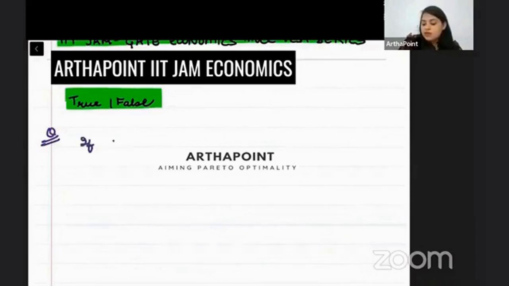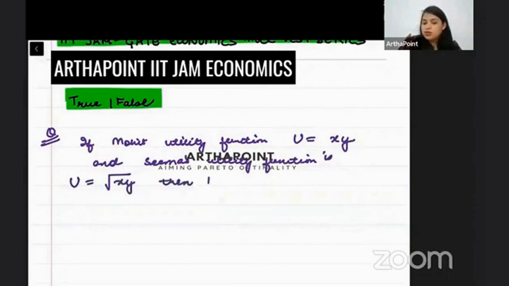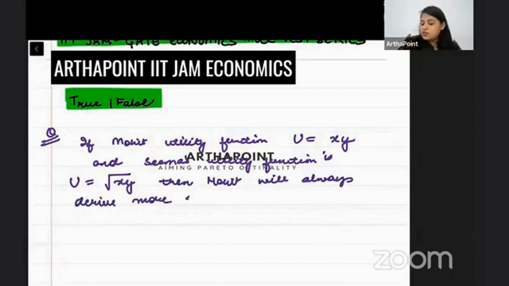Okay. So, if Mohit's utility function is given by xy, and Seema's utility function is given by u is equal to root of xy, then Mohit will always derive more happiness than Seema.